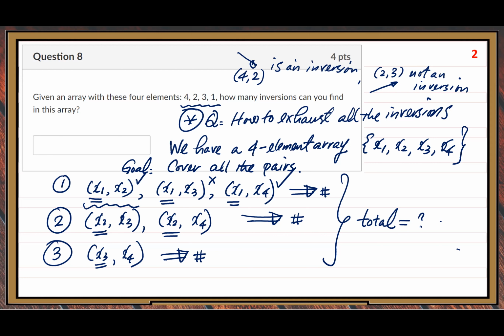In this way, you won't miss any inversion in the given array, because you cover all the possible pairs. And for each pair, hopefully you can examine correctly if it is an inversion or not. In order or out of order, ascending order or descending order. Descending order, it's an inversion. Ascending order, it's not an inversion. That's this question.